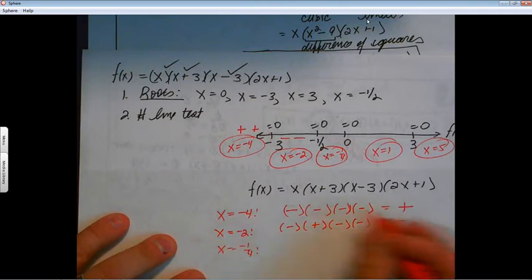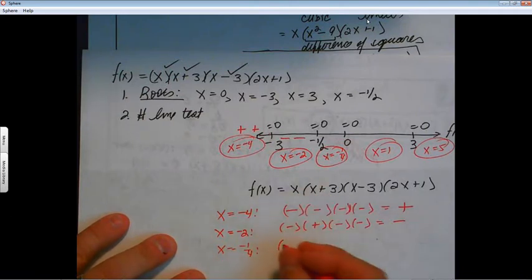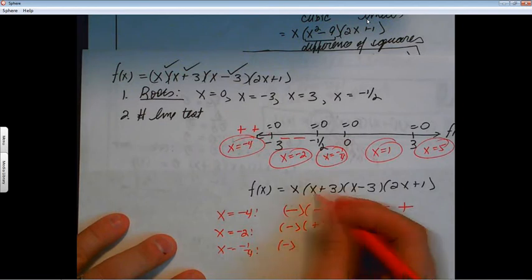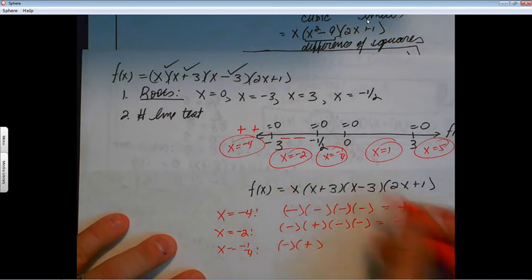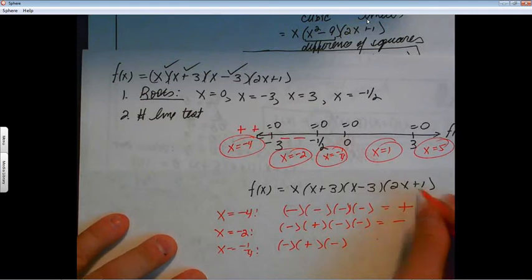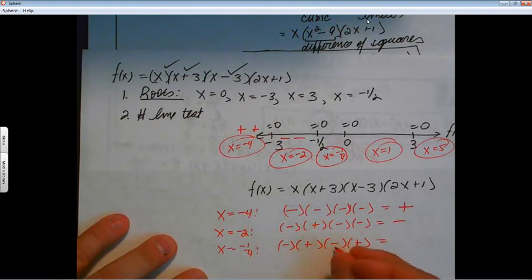We're going to do the same thing for x equals -2. The first factor is negative, the second is positive, the third is negative, the last one negative. Multiply it all out. Negative times positive times negative is negative. So we're going to be negative in between -3 and -1/2.